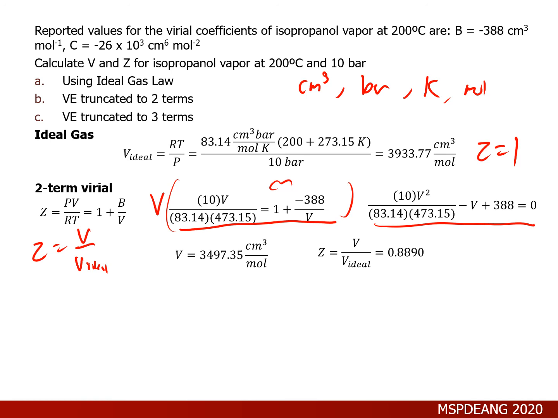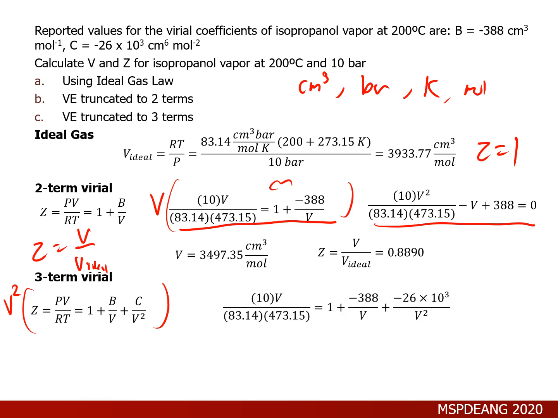And last, for the three-term virial EOS, this is our equation. Again, multiply both sides by V squared and rearrange so that we now have a cubic equation.